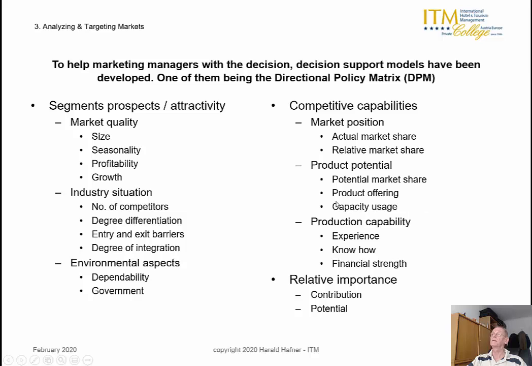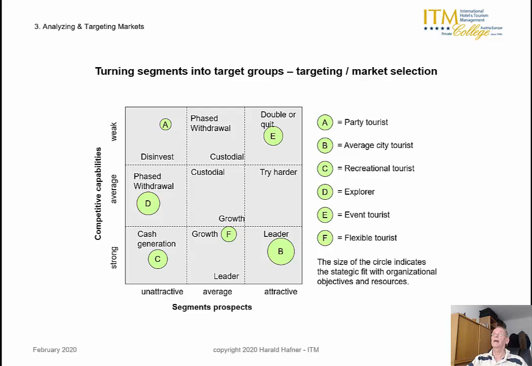The production capabilities extend to the experience somebody has in a market, the available know-how, and the financial strength. The relative importance as a third aspect in a portfolio will relate to the contribution each of those segments is making to the overall success or its potential. So you have a variety of factors that can be composed in order to develop a meaningful matrix, as shown in the next slide.